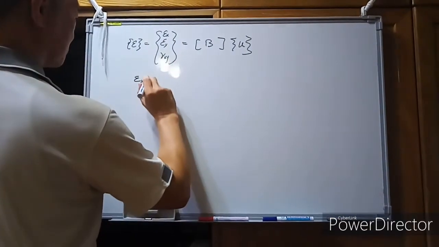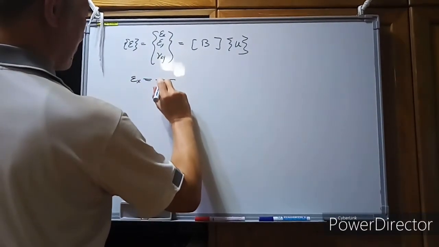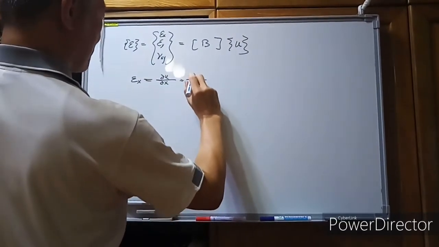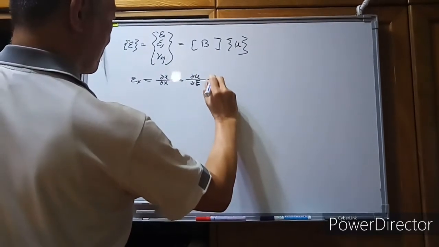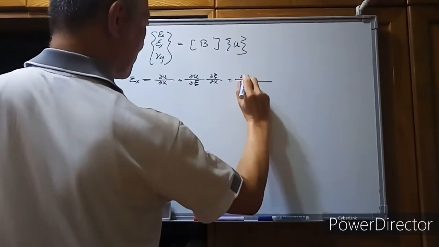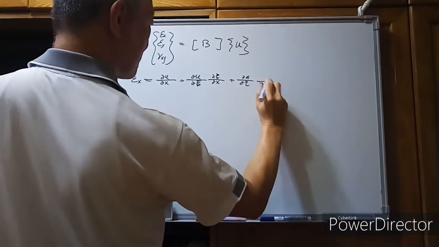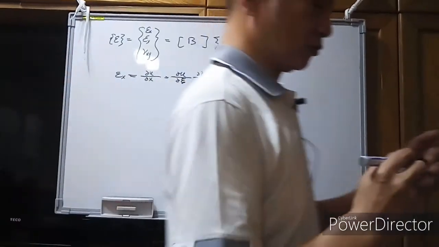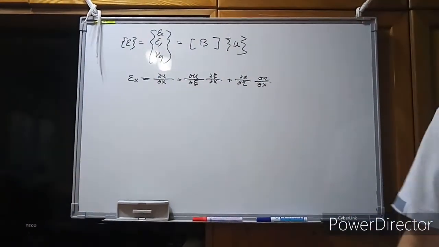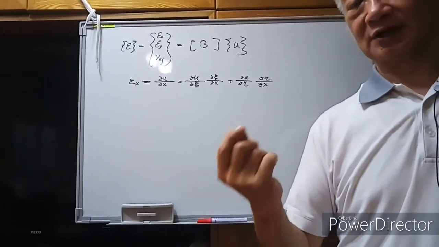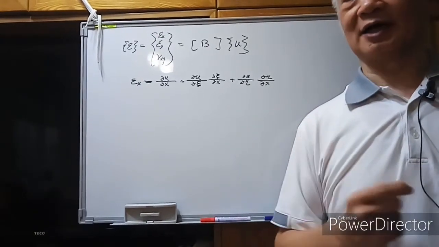The B matrix depends on the displacement functions, the U functions, which are functions of xi and eta, the coordinates on the xi and eta plane.